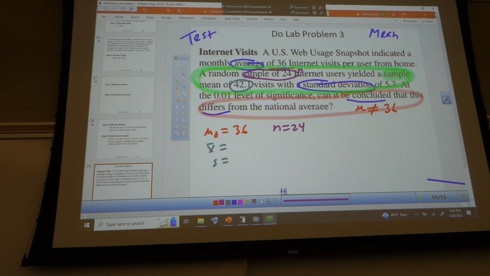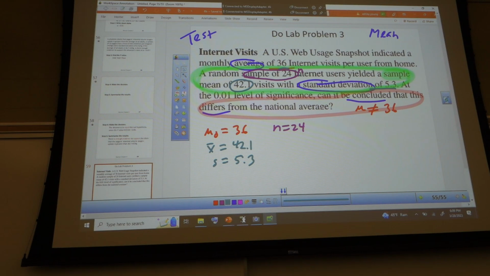Sample mean, the word mean, is my 42.1, and my s is 5.3. Were you guys going to stop me at some point? Yes. You're just trying to find the right spot? Okay, good. I have to make more mistakes and test you folks and see how quickly you can stop me.